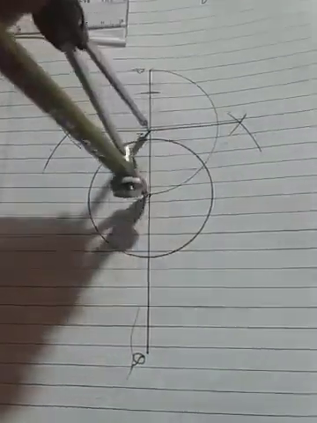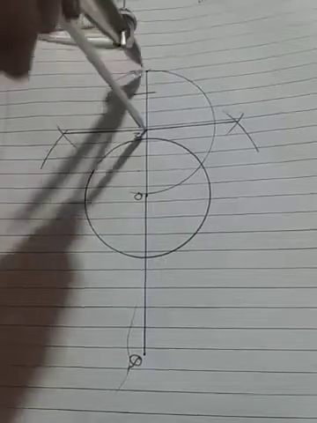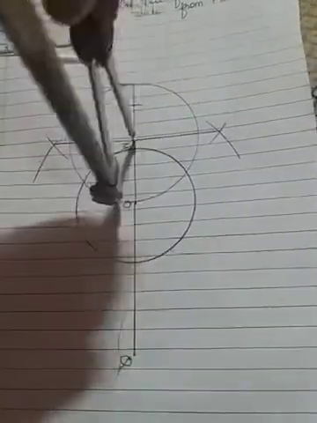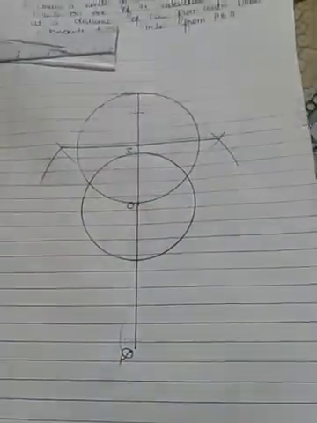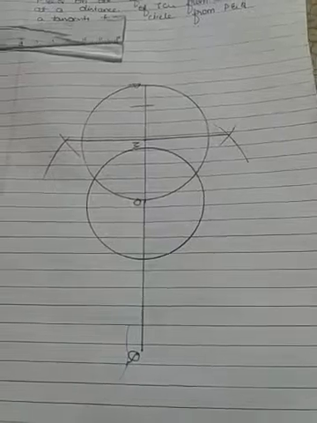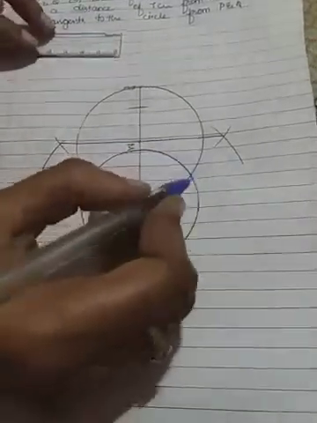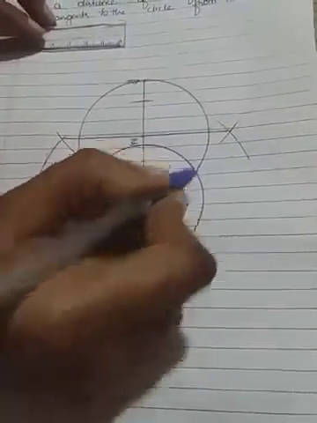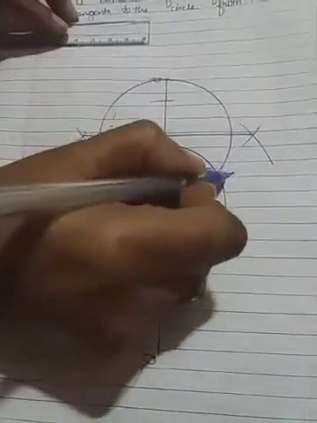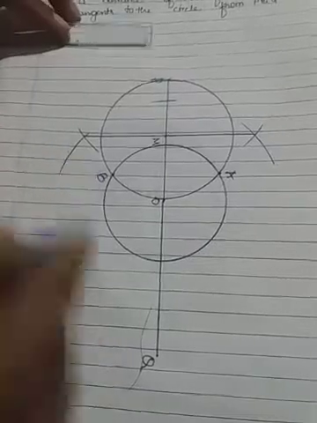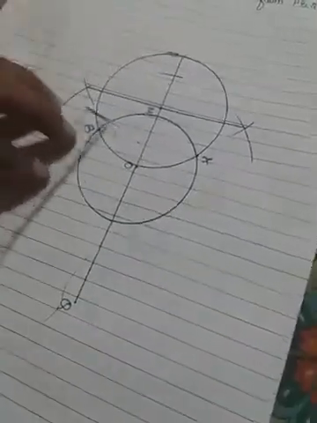Draw a circle like that, from where we marked the perpendicular bisector line. Where the circle cuts, mark those points as A and B.